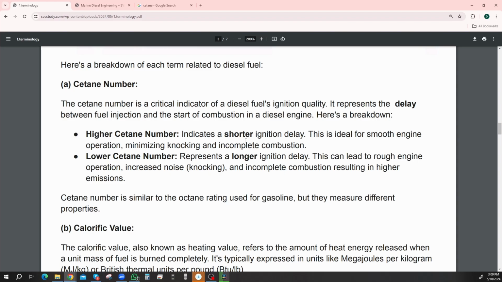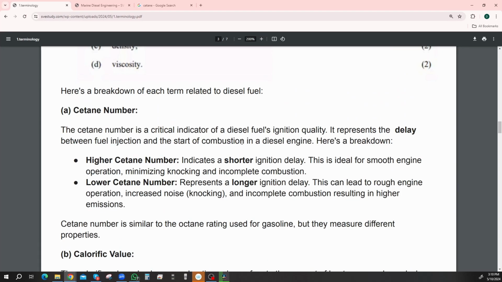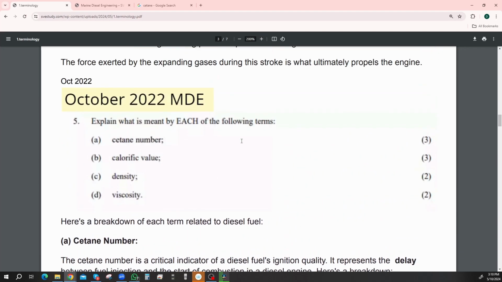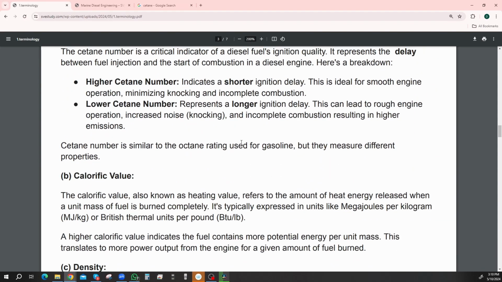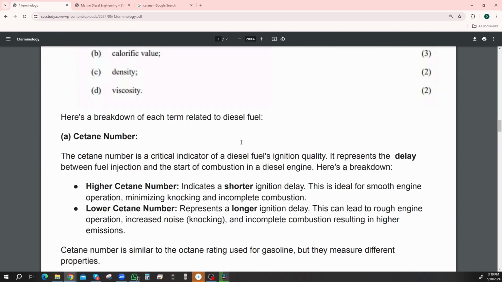Still for diesel, huh? That's weird. I guess you still have to regulate the fuel, because all this stuff I'm talking about is petrol with all the lead and stuff added onto it. Explain what is meant by the following terms. Oh, related to diesel. It doesn't say specifically diesel in the actual question, but the answer we got here is talking about diesel, which is weird.